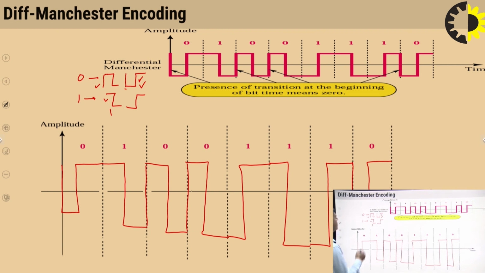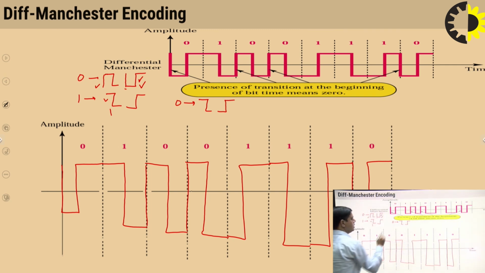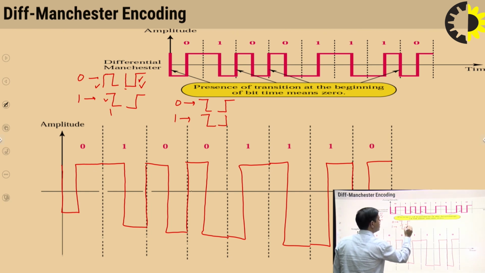Again I am repeating, always we are representing 0 as a simple Z, or you can say this kind of Z, that is called inverted Z, and same thing for 1, that is this or this.